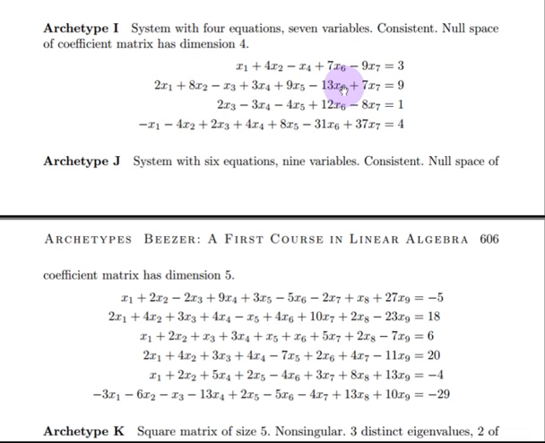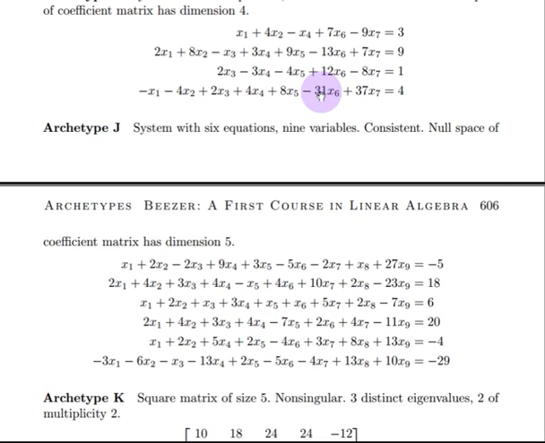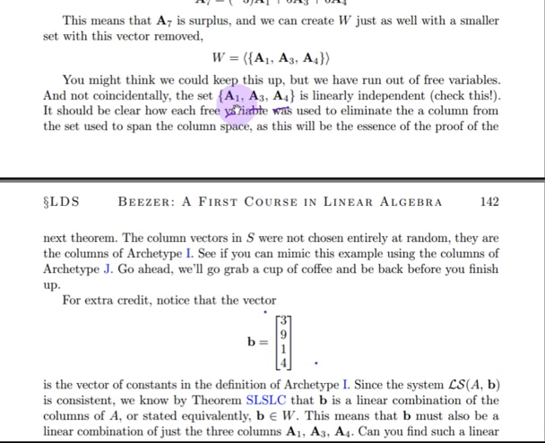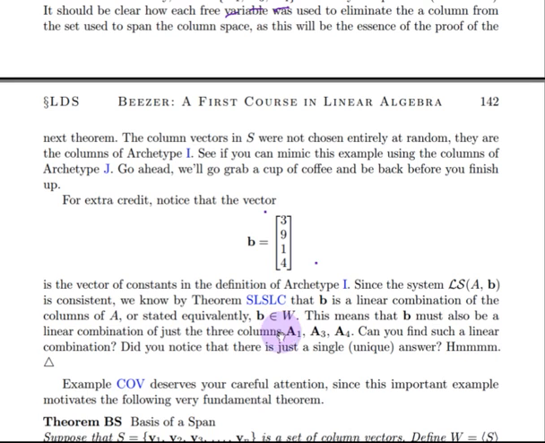But we just showed that the span of A1, A2, A3, up to A7 is the same as the span of just 3 vectors. So let me go back. It's the same as the span of these 3 vectors. Okay. In fact, this vector can be expressed in terms of these 3 columns.